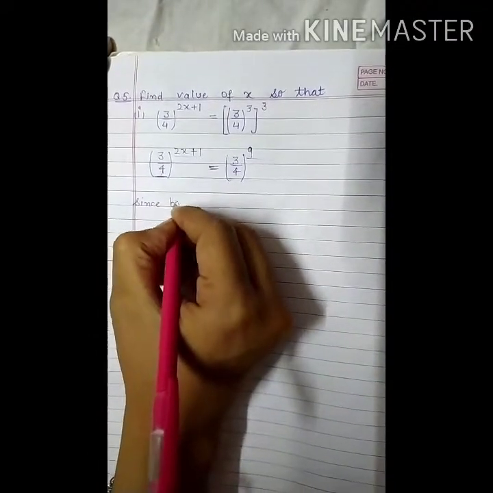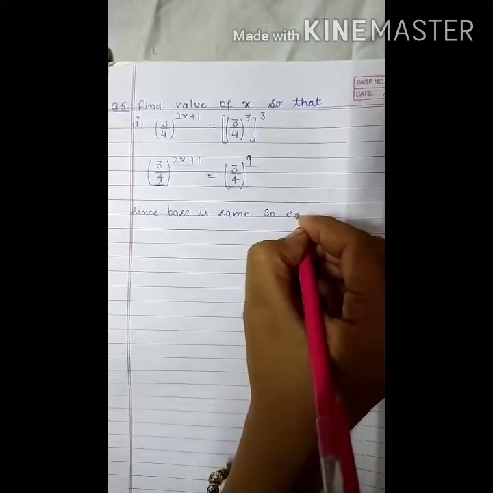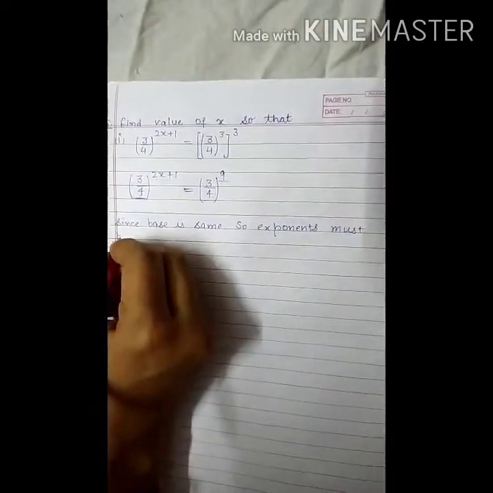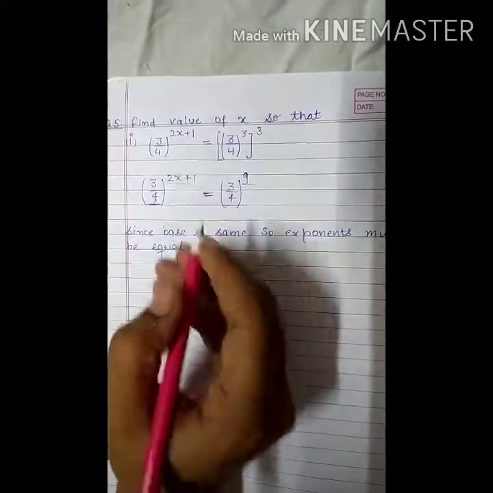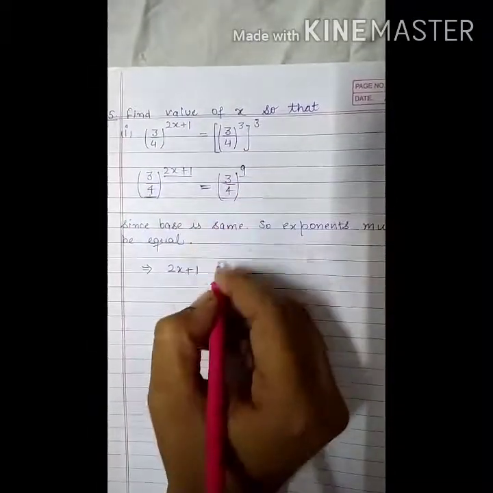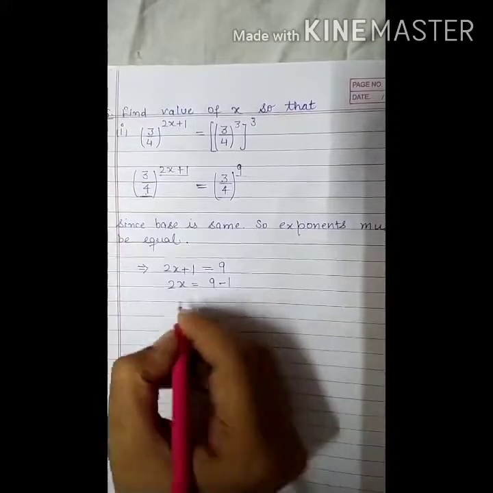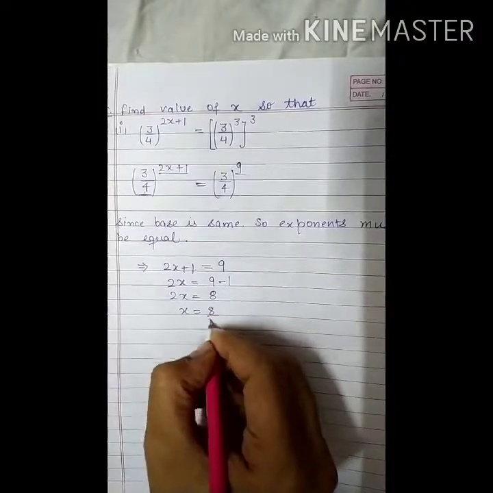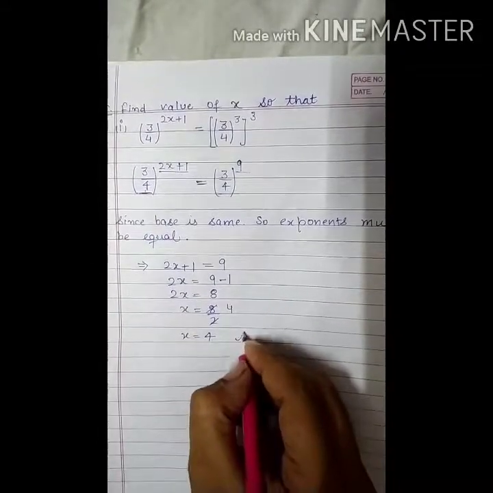Since base is same, so exponents must be equal. If exponents are equal, that means 2x plus 1 is equal to 9. 2x is equal to 9 minus 1. 2x is equal to 8, so x is equal to 8 upon 2, x is equal to 4. So value of x is 4.